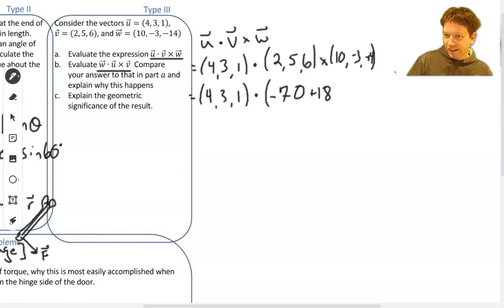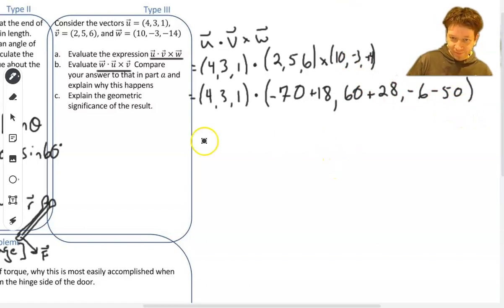And you can draw that helpful diagram that we learned yesterday when we did the cross product. Then we're going to have 60 plus 28 and minus 6 minus 50. And definitely confirm that for yourselves if you need to draw the diagram.